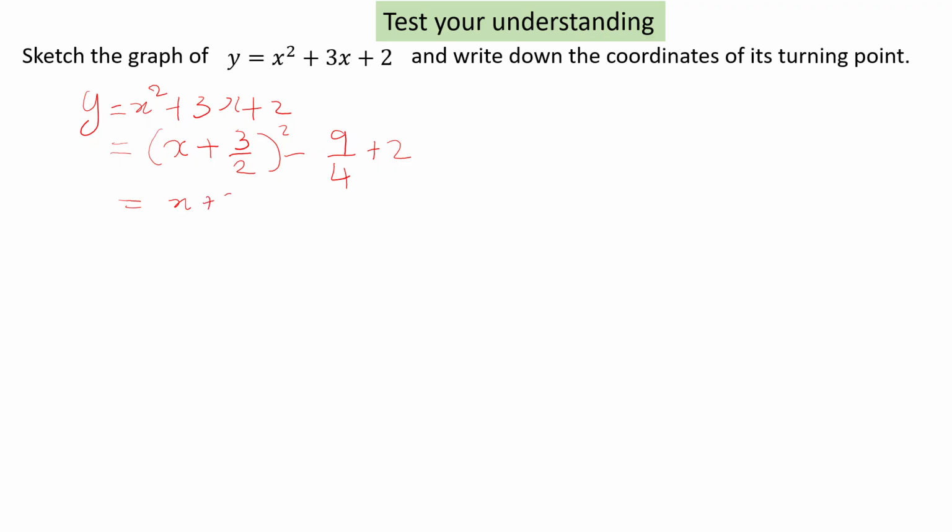(x plus 3 over 2) squared. 9 over 4 is 2 and a quarter, so minus a quarter. So the turning point is the minimum value of this: minus 3 over 2 and negative quarter.